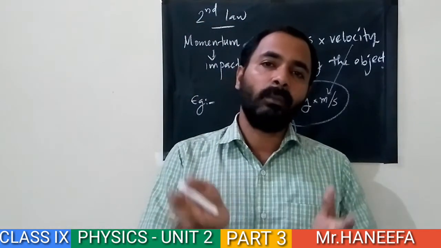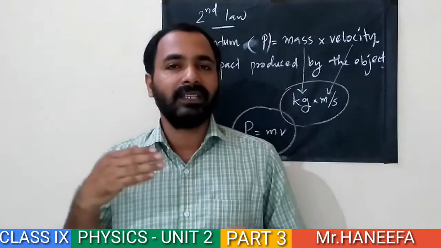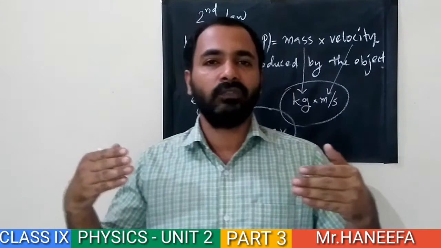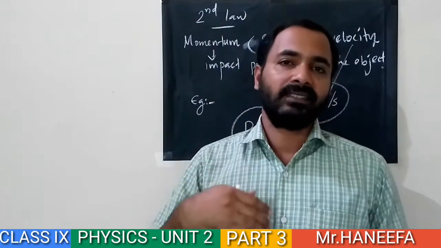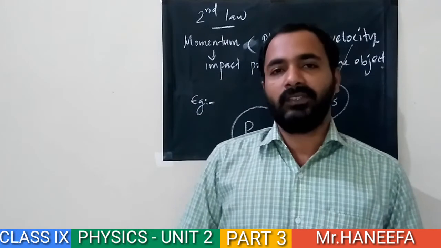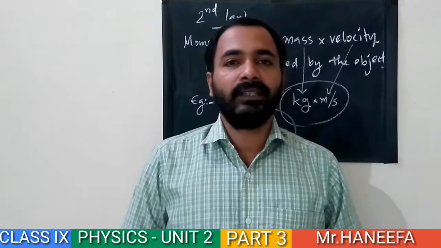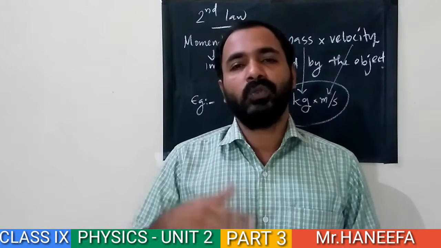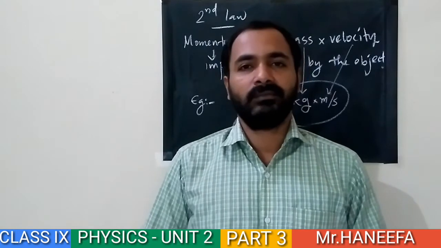Mass is low, momentum is low. Mass is high, momentum is high. If vehicles are moving with fast speed, the impact will increase. This is momentum. Using this momentum, we have to explain the second law of motion.